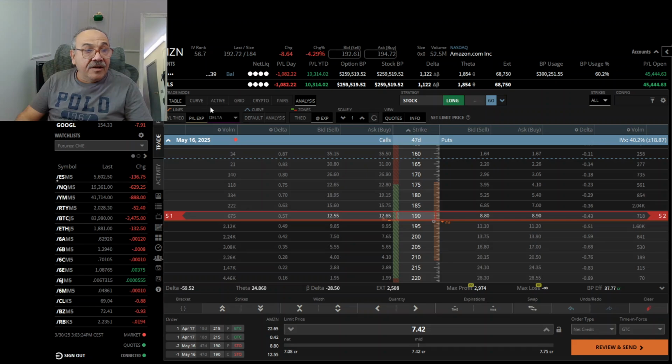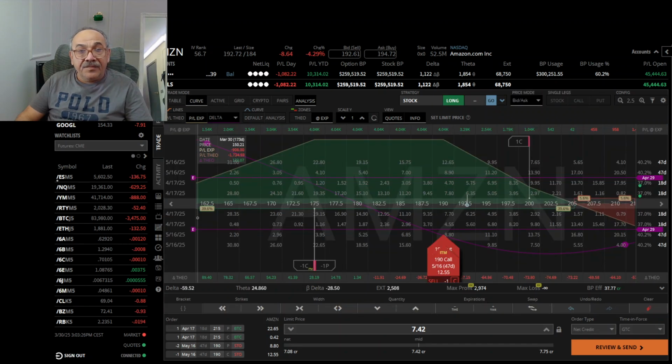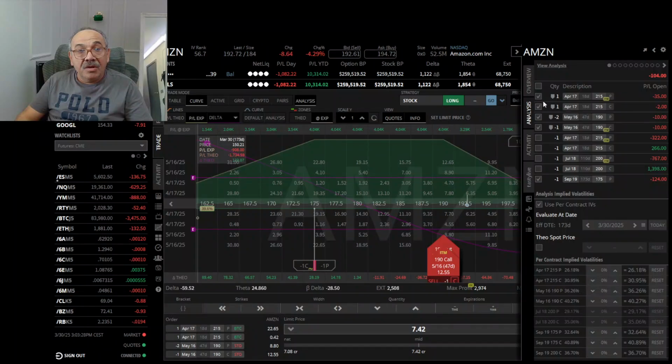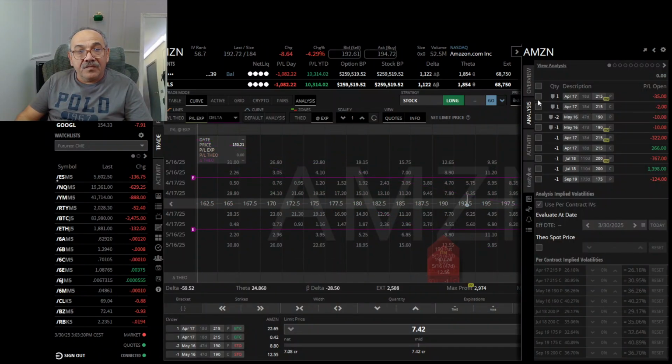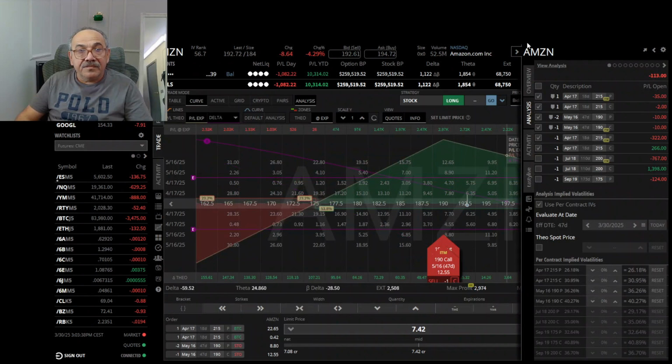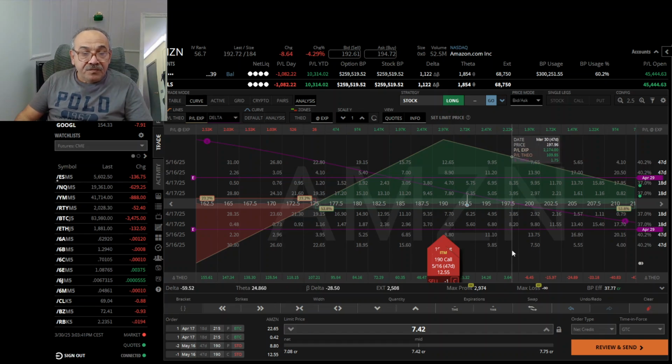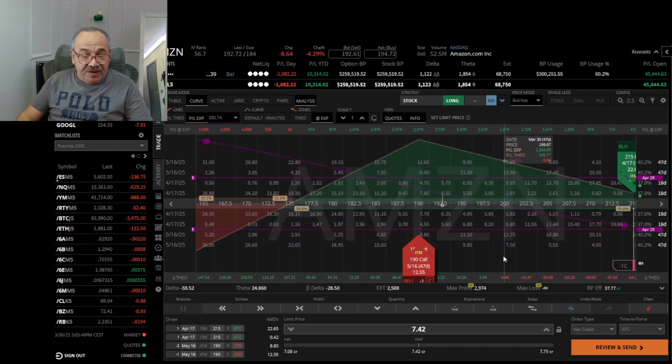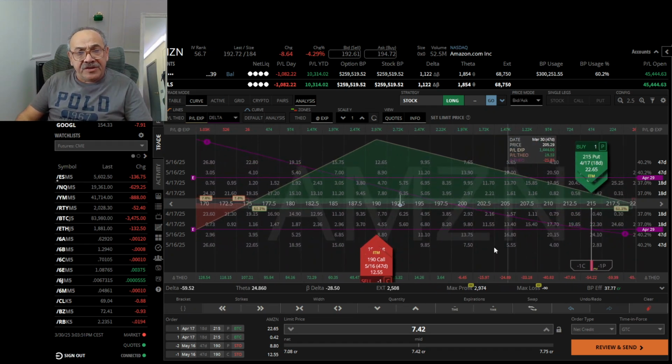And let's see how it looks if we go here. So if we do it this way, lower a little bit our strikes for the new position, but increase the amount of short puts.